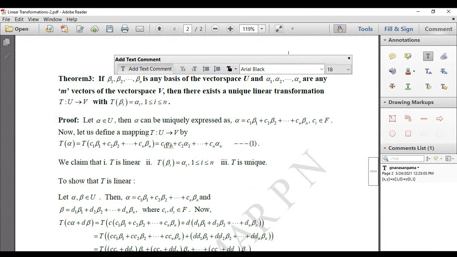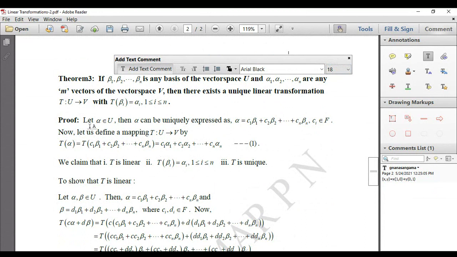These two are in V, therefore by the closure law under addition the sum comes in V. If you go on applying this for all n vectors, this sum comes in V. So this is possible. Yes, of course, we can define like this.